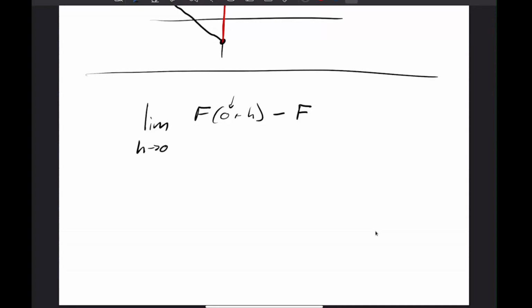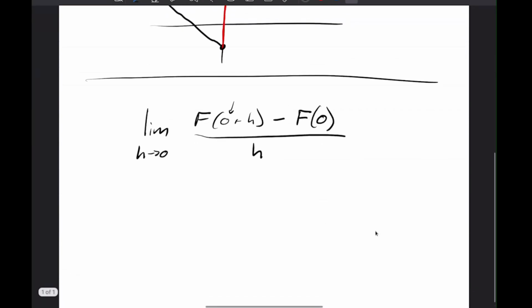So that's why we have a 0 there, minus, whoops, that is not h, that is big F of 0, all over h. Okay, so we will show that this limit does not exist.